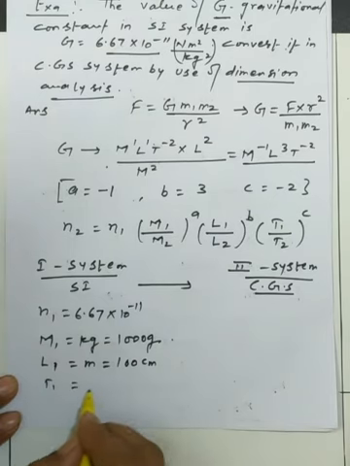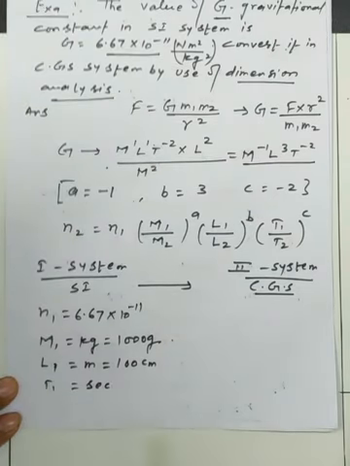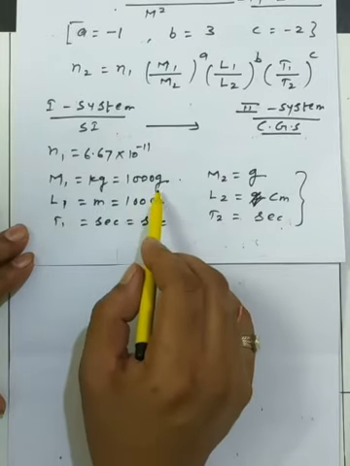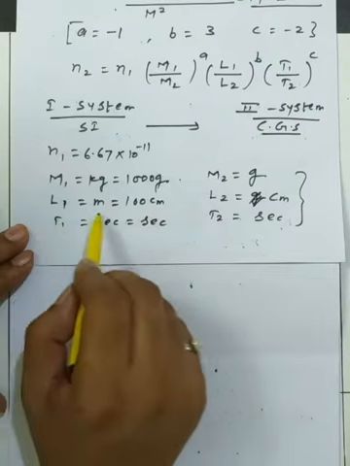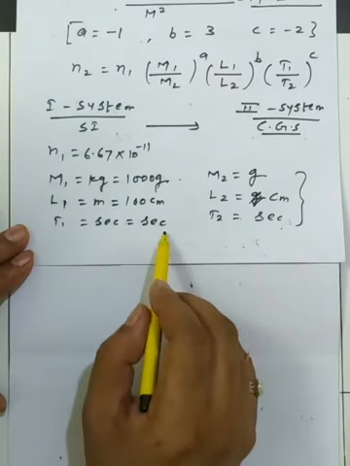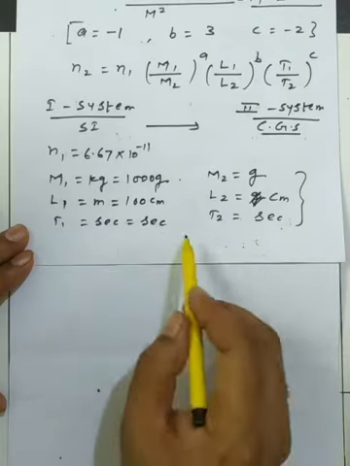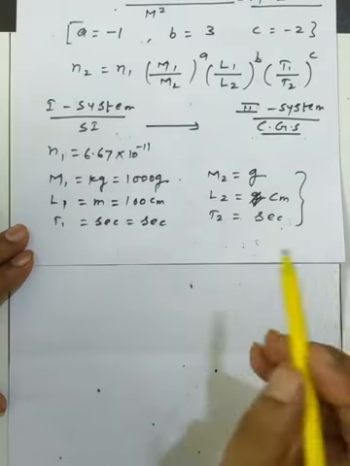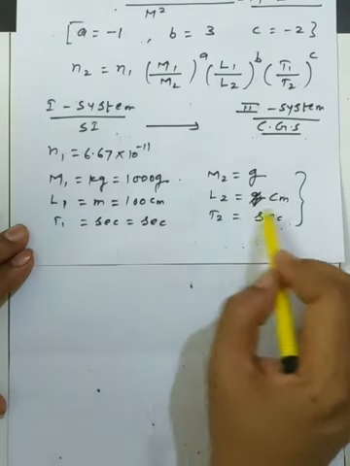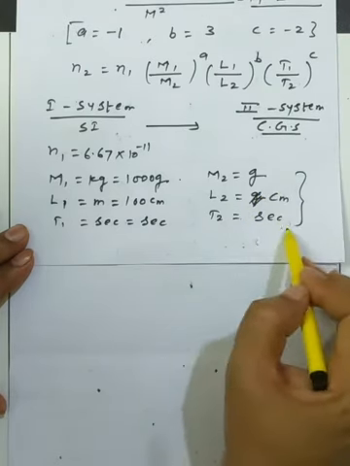Now I have written M1 is equal to kilogram, converted into 1000 gram. L1 is equal to meter, that is 100 centimeter. T1 is equal to second, because time always has the same unit in all systems. Now M2 in the second system will be in gram, L2 will be in centimeter, and T2 in second.